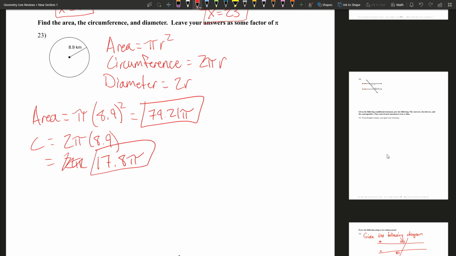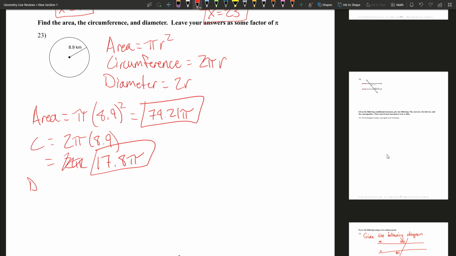And again, when you guys answer these, I want these as multiples of pi. So if you do 79.21 times pi, you get 248.8455, whatever. That's not the answer I want. I want 79.21 pi. No one ever simplifies pi.